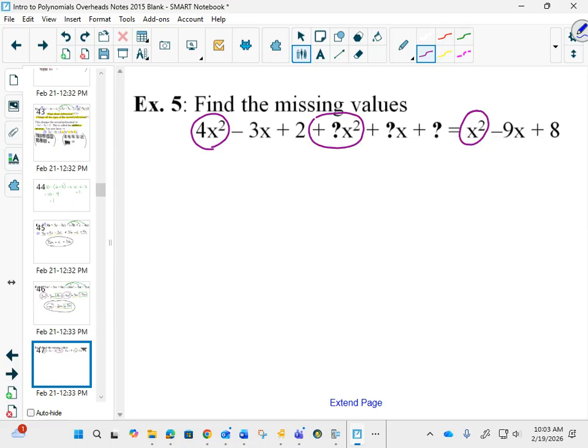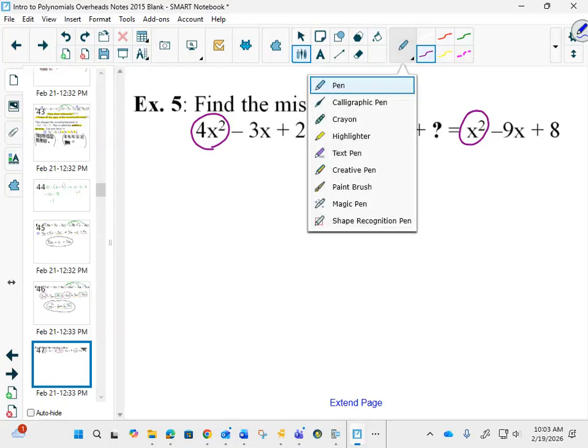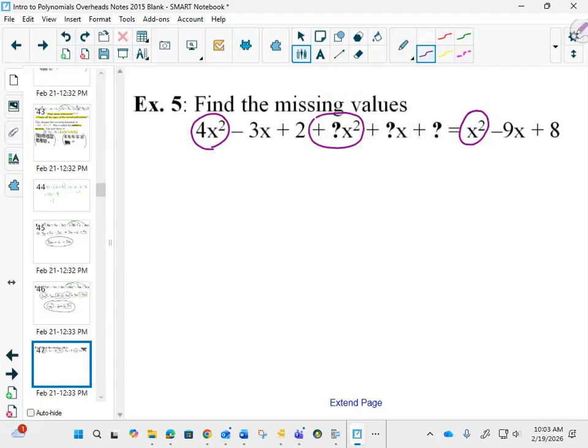Next, I'm gonna go with orange, underline the minus 3x. Here I have a plus x, and I get a minus 9x. And finally, green square, I've got a number, I've got a number, I've got a number.